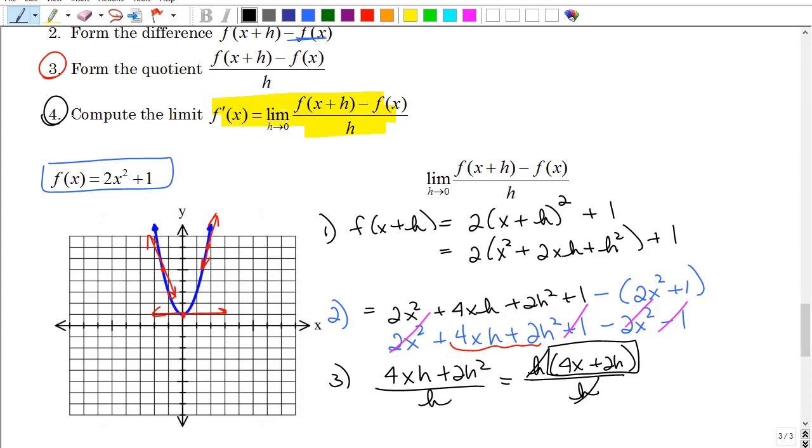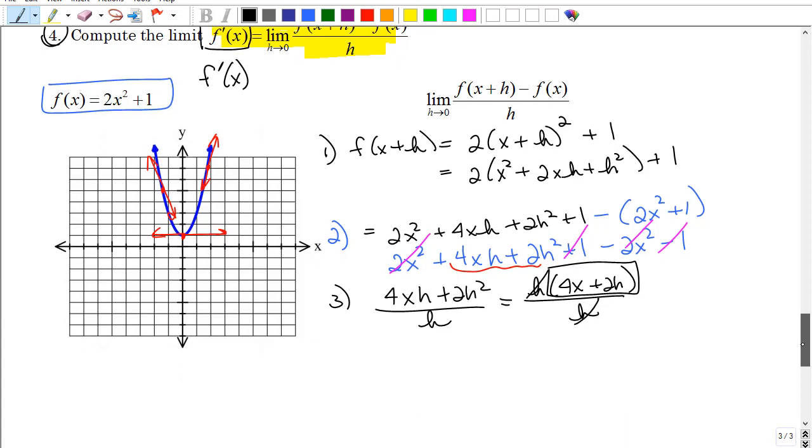Now the last step says to find that derivative. Notice this notation, this little prime mark. That is one of many symbols for the derivative. And it says the last thing I need to do is to take the limit as h approaches 0 of 4x plus 2h. So we've talked about limits a lot.